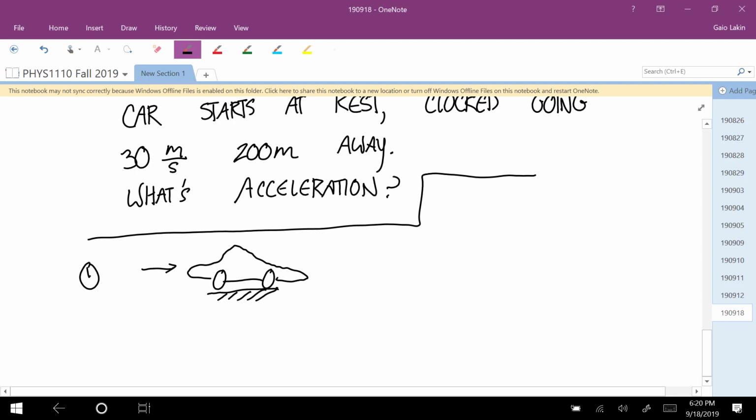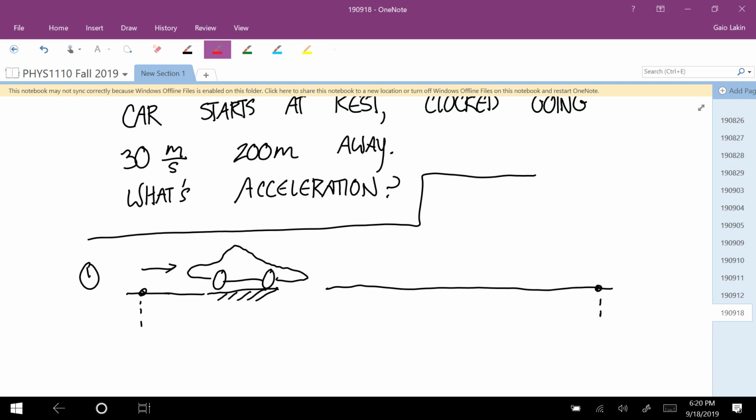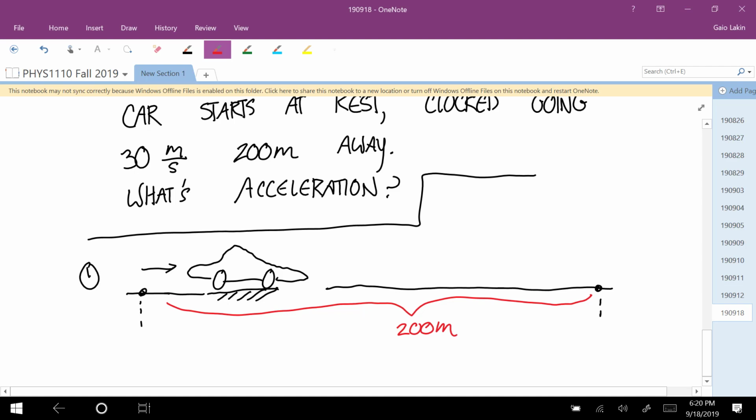It's going this way. It starts out here and ends up here where this distance is 200 meters. This point is A, this point is B.